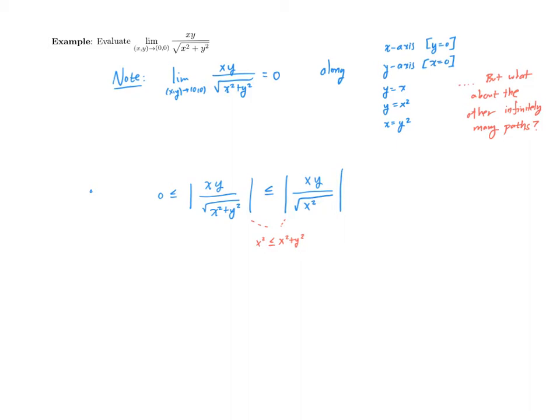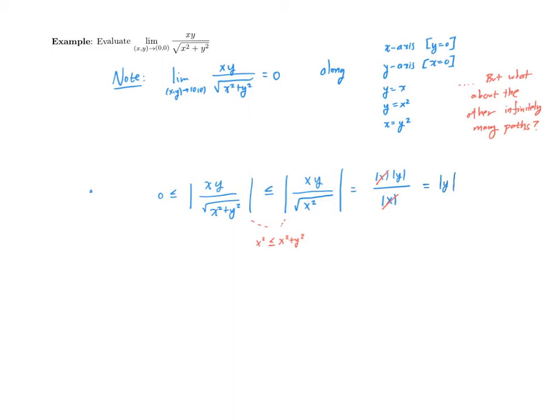The reason this is helpful is if you take the absolute value of the top, and in the bottom you don't need the absolute value because it's a square root, but the square root of x squared is the absolute value of x. So this ends up being the absolute value of y.